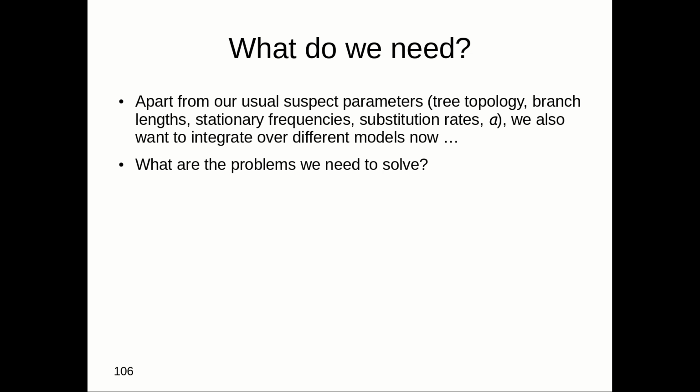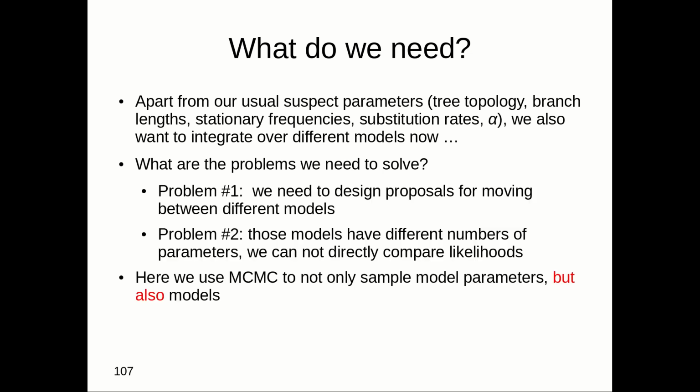So what are the problems that we need to solve if we want to do that? Problem number 1 is that we need to design proposals for moving between different models, right? Now we're adding an additional dimension because we're jumping from one model space to another model space.